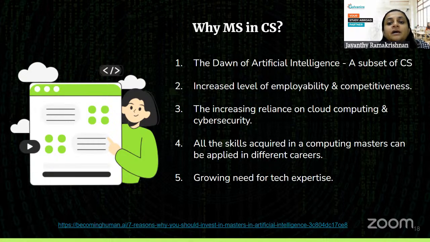All the skills that are acquired in a master's degree can be applied in different careers and different industries, like I just pointed out. And there is always going to be a growing need for tech expertise. So all of this makes it a very compelling argument for you to do a master's in computer science.